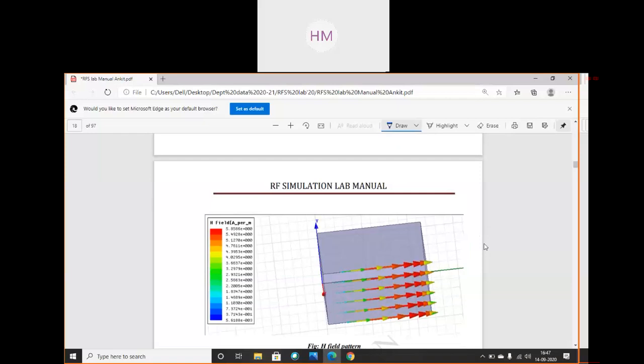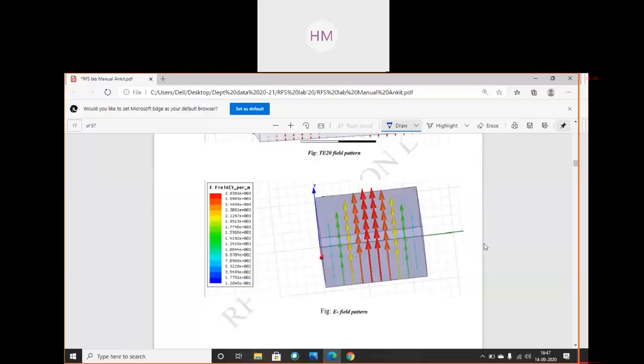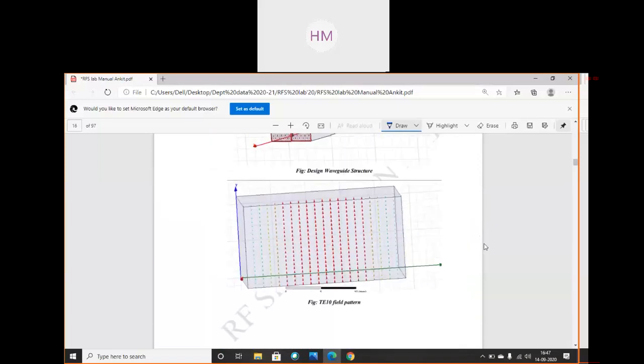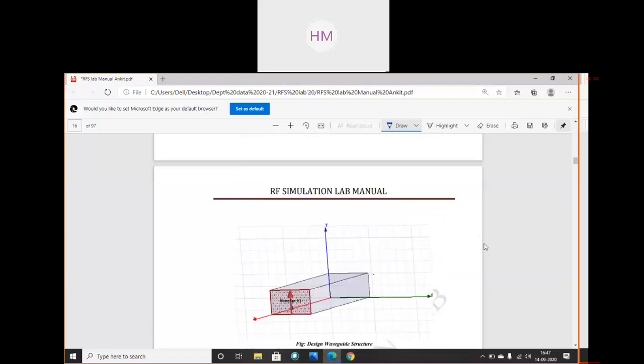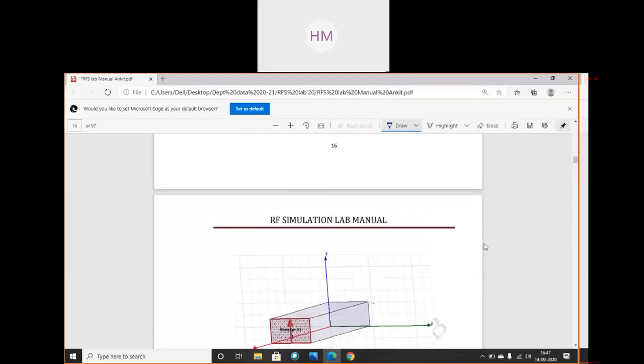Those who can put printouts by performing on HFSS software, take the printouts and put in your file, make a PDF and upload on the Google Classroom for first experiment. Theory you can write on pen paper, click photos, upload PDFs, take very small size.